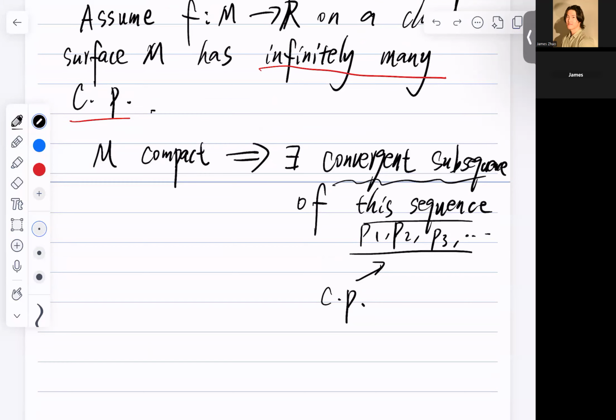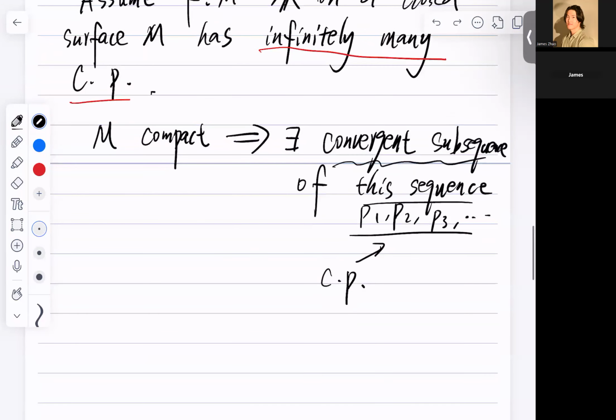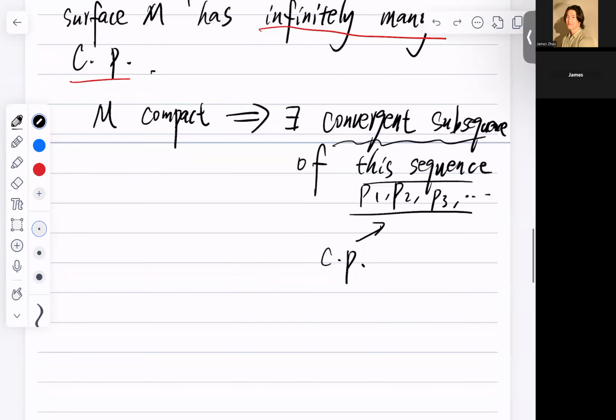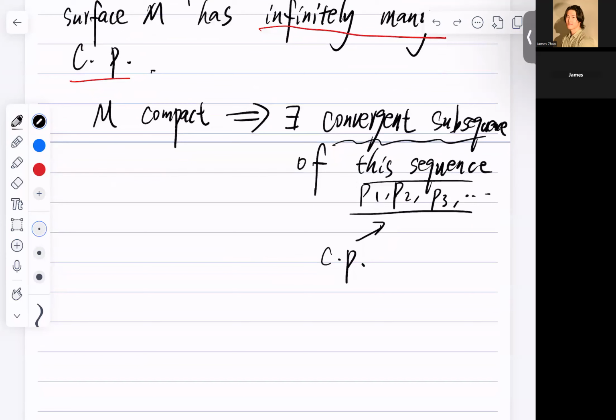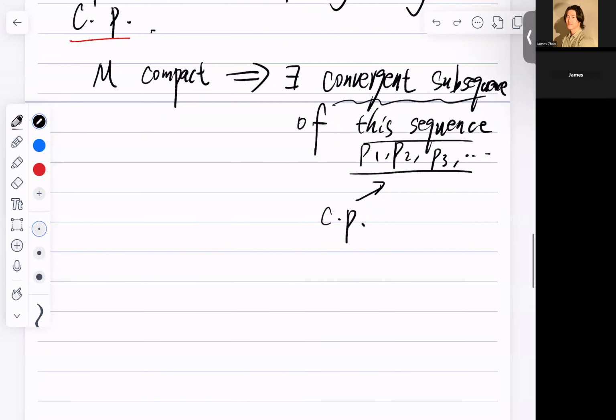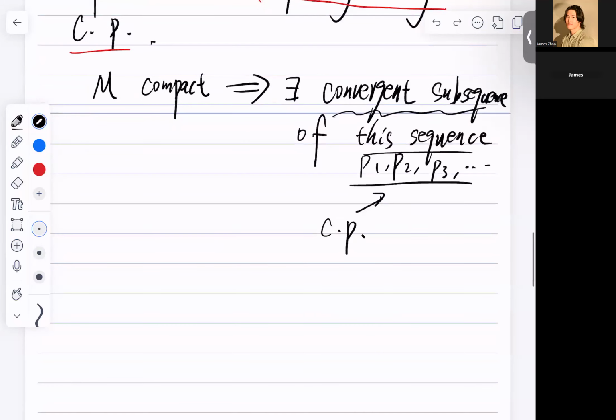So if we have such a sequence, then there definitely exists a convergent subsequence of this sequence. Whew, that was a mouthful. Okay, great. Now let's proceed.